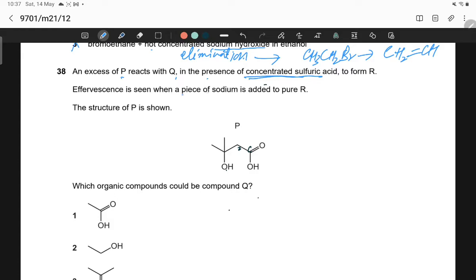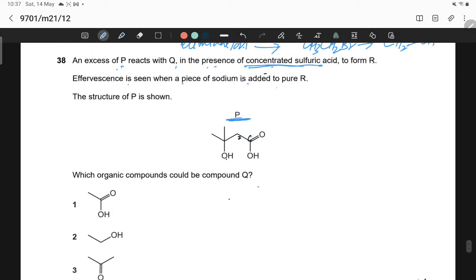Effervescence is seen when a piece of sodium is added to R. P reacts with Q in the presence of concentrated sulfuric acid to form R. This is P. So effervescence is seen when a piece of sodium is added to pure R. What could be Q?